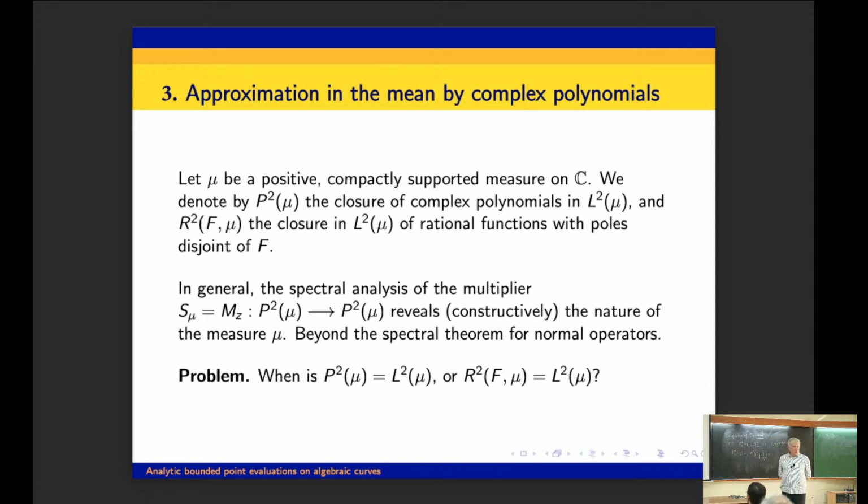Last question, and maybe closest to the group in analysis at this campus. We saw the unit circle, and we saw that if you have complex polynomials, maybe I should repeat this because it's too basic and too important to forget.